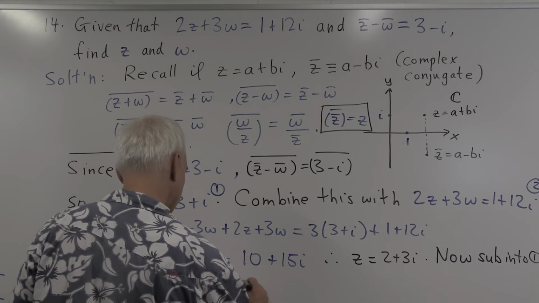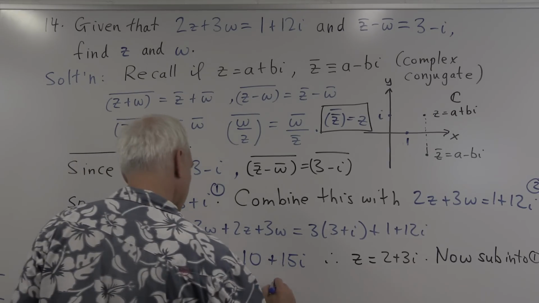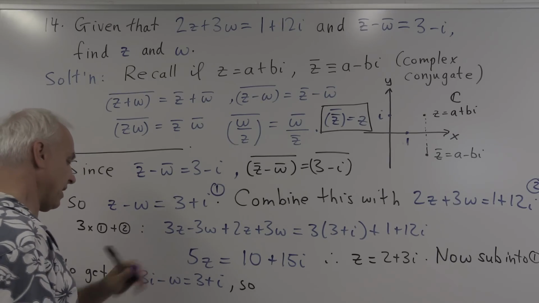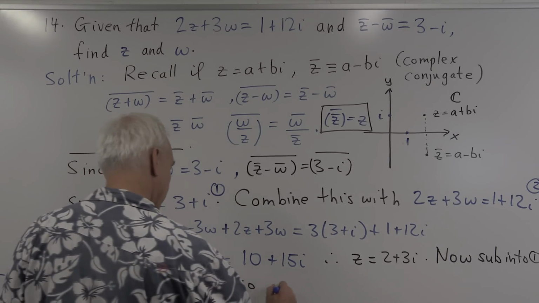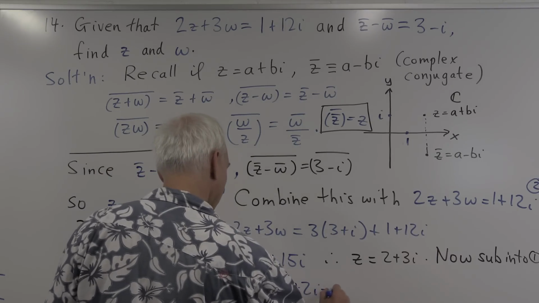Bringing the numbers to the left-hand side and the w to the right-hand side, we get minus 1 plus 2i equals w.